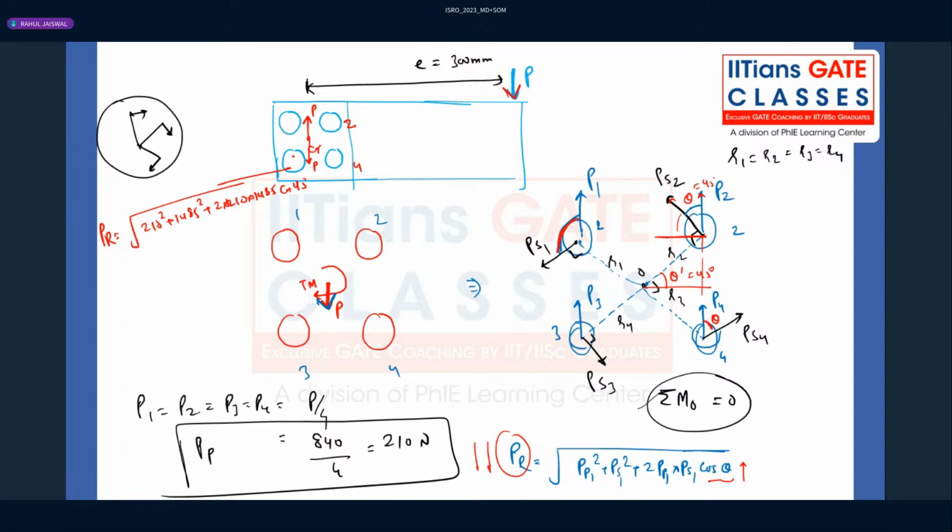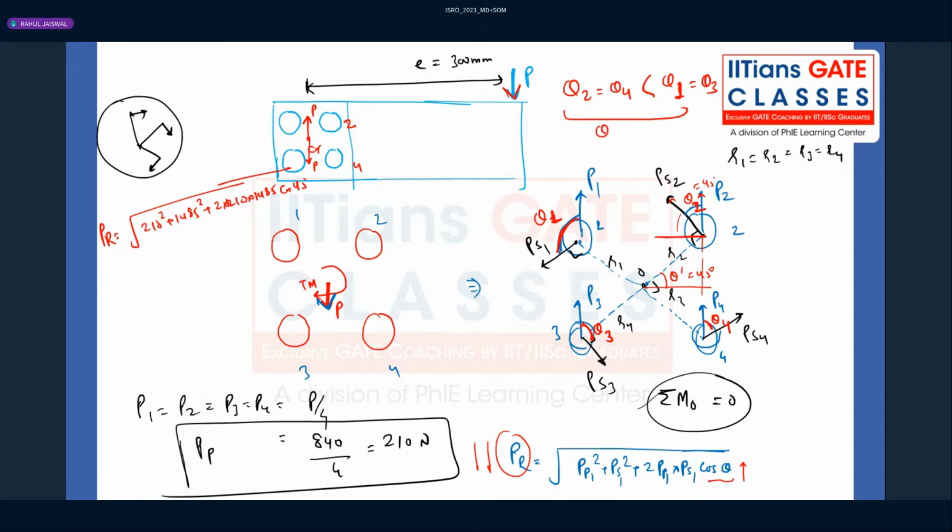Right. And remember, regarding the angle-wise calculation, here it will be theta 1, here theta 2, here theta 4, and here we have included angle theta 3. So theta 2 equals theta 4, and they are less than theta 1, which equals theta 3.